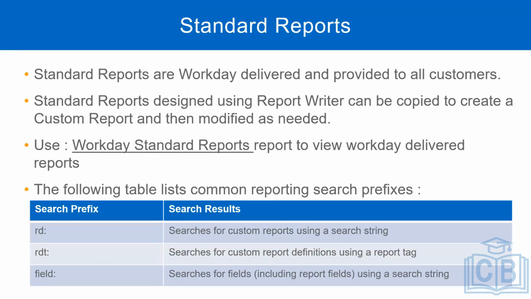Now Workday standard reports are of two broad types. One is the reports that are written using a report writer. There are a certain set of reports that are created using a report writer. And then there is some other set of reports that are created using something called Espresso.